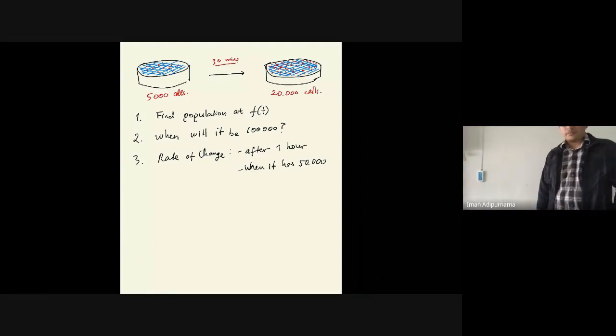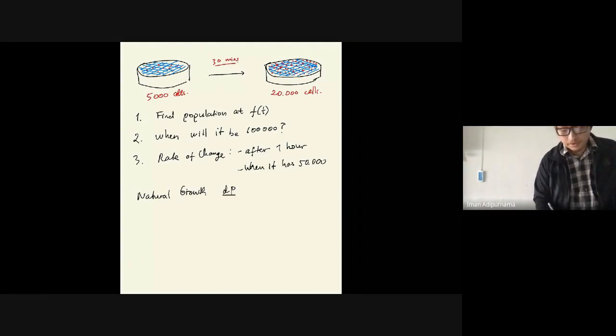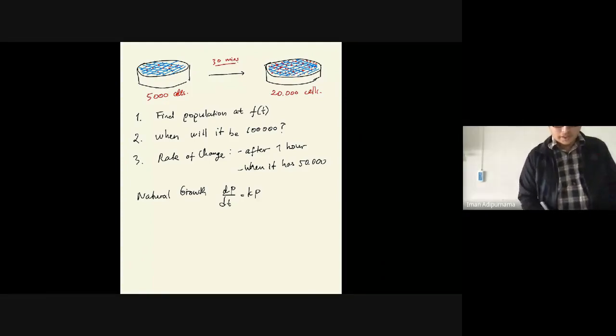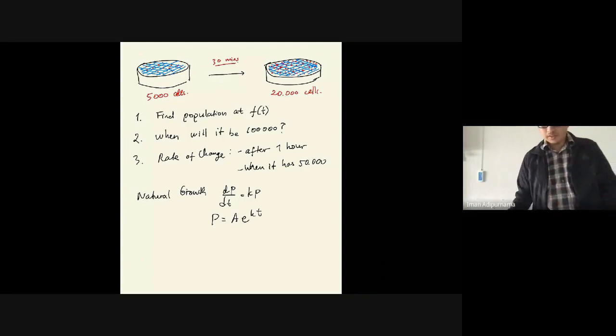Okay. So I think all the assumption for population growth in this section is based on natural growth. So you just need to write this dp over dt is kp. And your p you can just write based on your exponent e and then kt. And k is greater than 0, k is an element of real number.